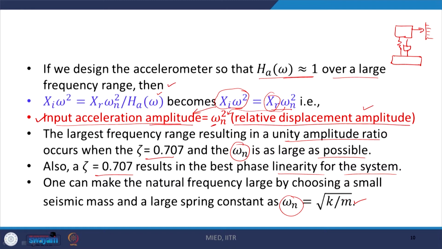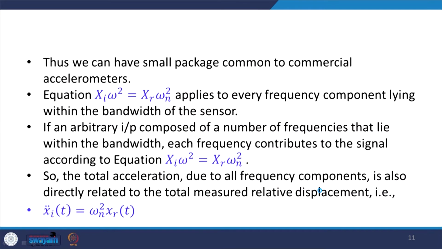If your mass is small, your omega n is going to be a large value. Because of this, accelerometers have a small seismic mass. Thus we can have a small package common to the commercial accelerometers.